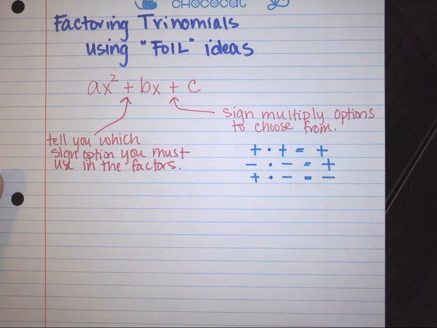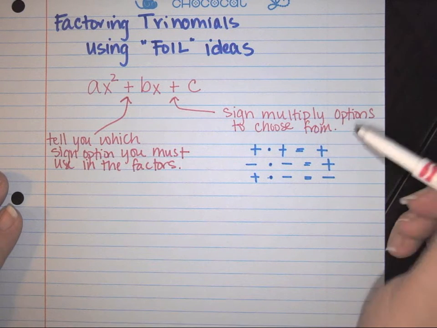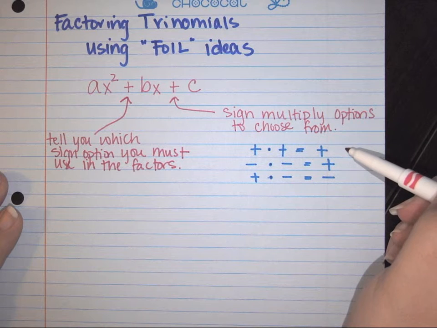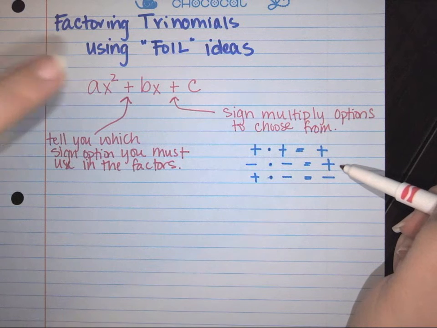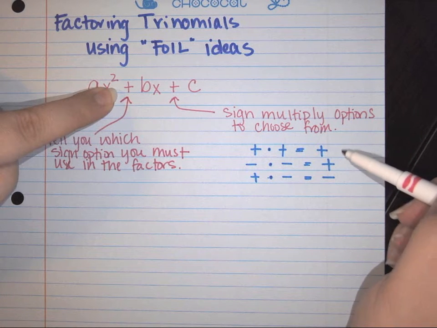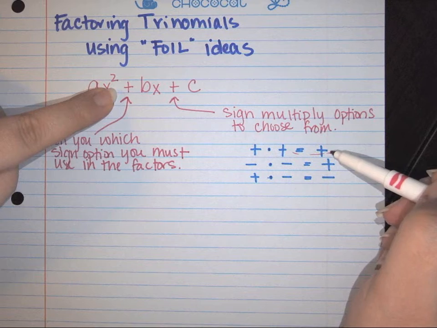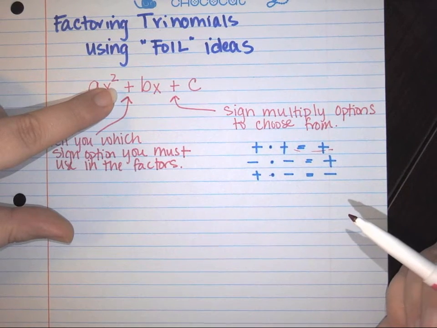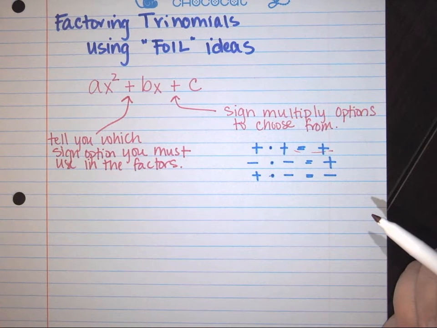So, for example, the back term is positive, says I have these two results to choose from. Positive, positive gave me a positive, or negative, negative to give me the positive. Since my middle term here is positive, it tells me I have to set my factors up using the top example here, where both factors would be positive. So it's going to dictate what's happening in your factors. Okay?